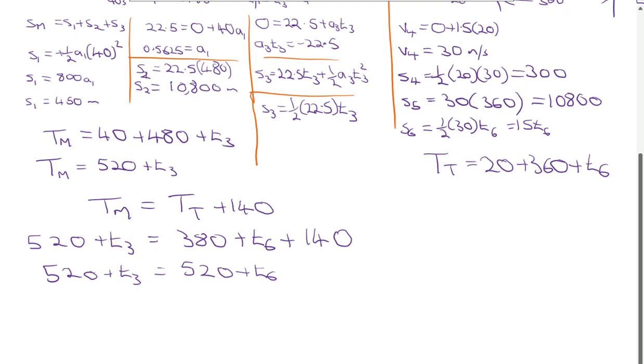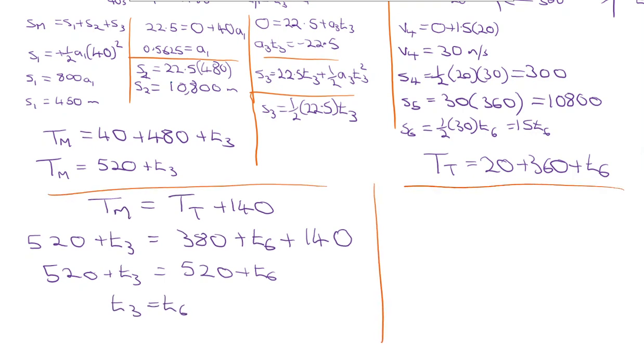But I think just trust that what you've done is correct. If it is wrong, you might find out later, or you'll have made one slip and you'll get talked to marks. So don't worry too much. So T3 equals T6. Maybe that is how this thing works. So let's just trust that what we've done is correct.